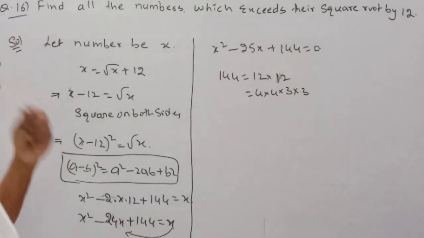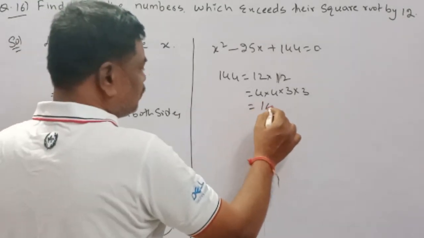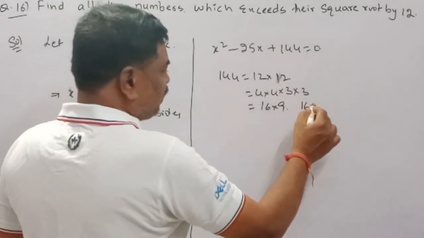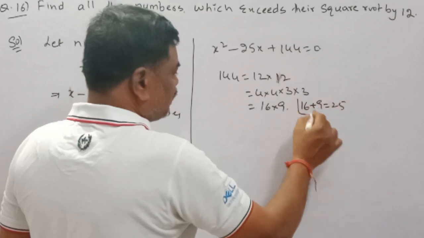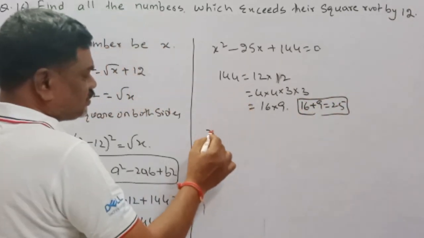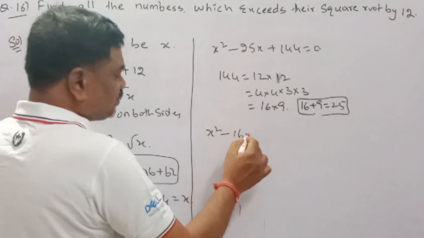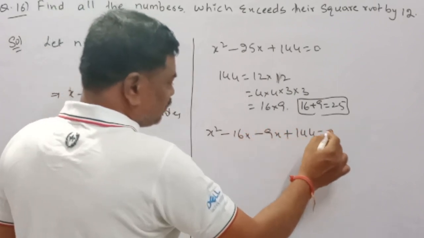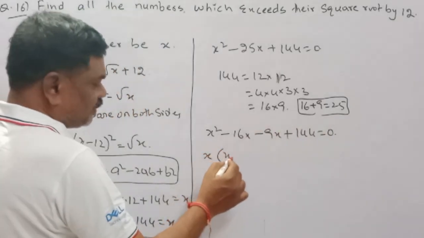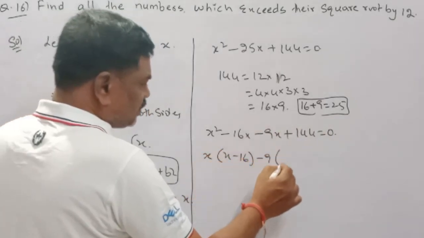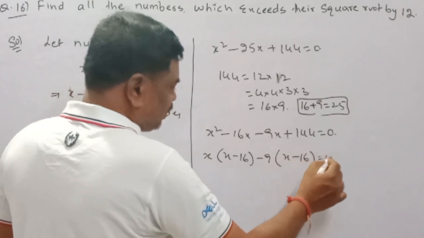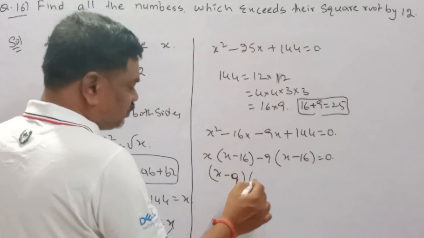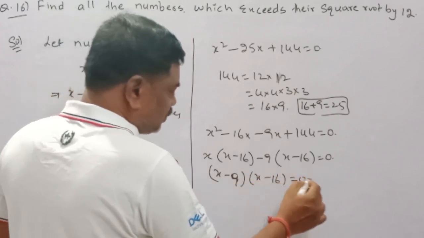So this is 16 into 9, and 16 plus 9 is equal to 25. x square minus 16x minus 9x plus 144 equal to 0. x of x minus 16 minus 9 of x minus 16 equal to 0. x minus 9 into x minus 16 equal to 0.